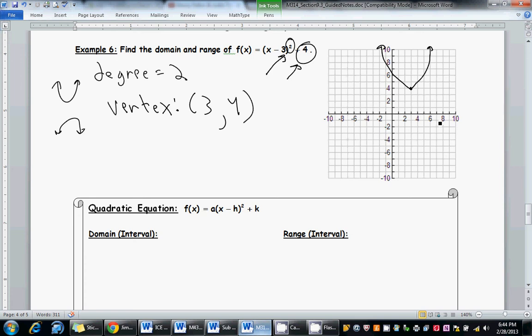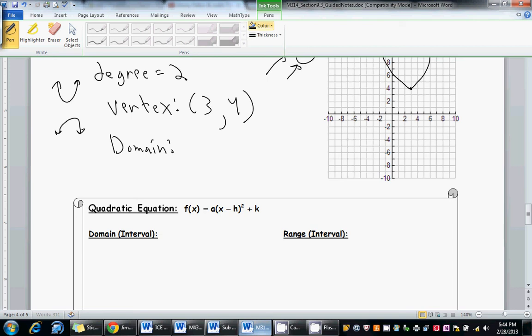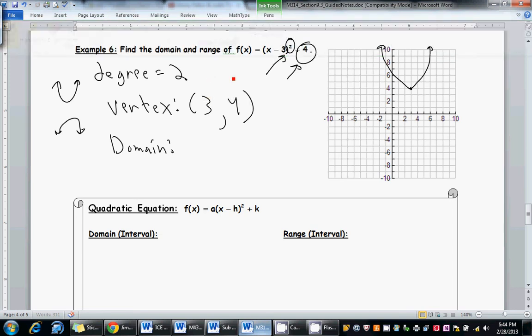Okay? So, now let's talk domain. Domain here, again, I have arrows. Arrows are huge in this section, okay? And again, as I go out to the right, I keep going a little bit further out every time.